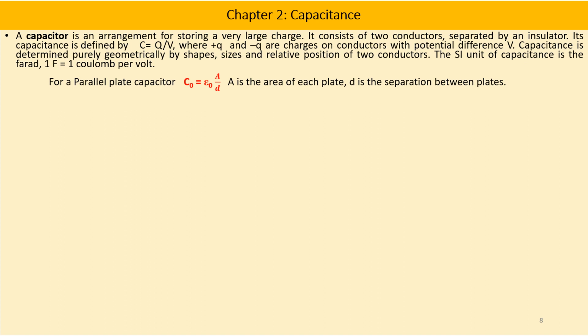The SI unit of capacitance is farad, represented by the capital letter F. Therefore, 1 F is equal to 1 coulomb per volt.